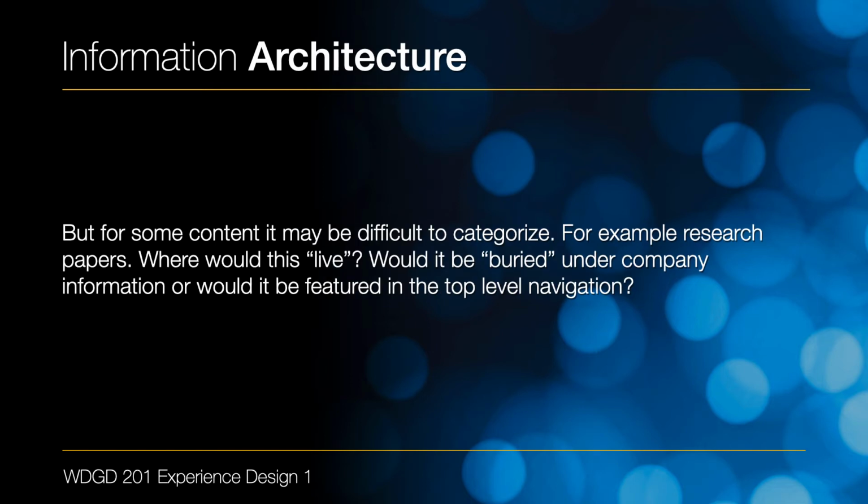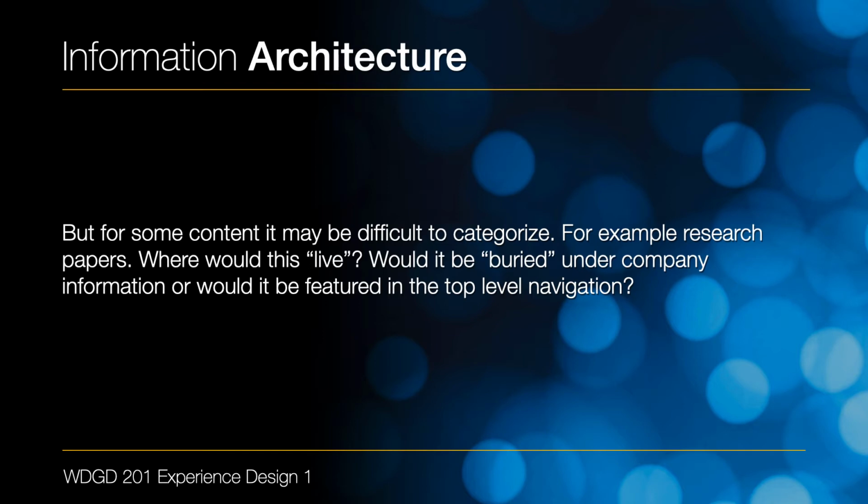But some content may be difficult to categorize. For example, research papers. Where would this live? Would it be buried under company information, or would it be featured on the top level navigation? I can't answer that. It would depend on the company and how important those research papers are. If it is some large software development firm, the research papers might be so important that it is a top level navigation item.